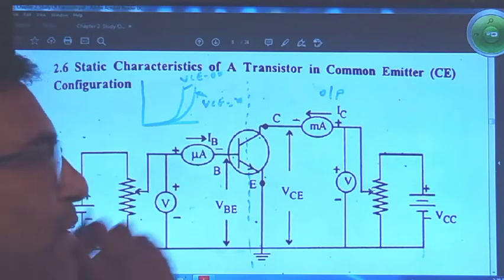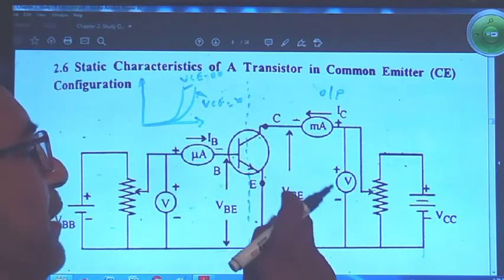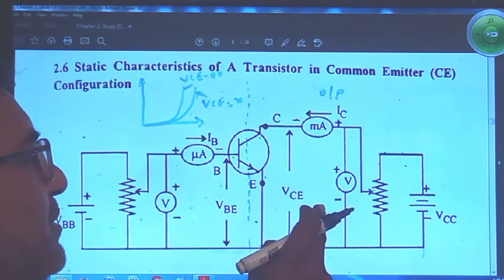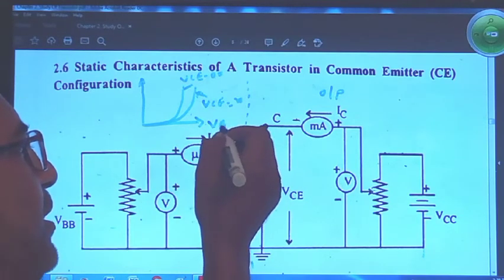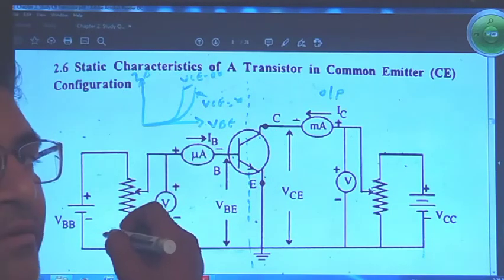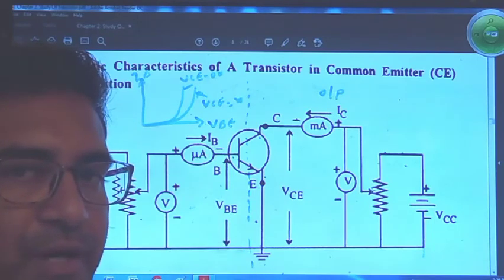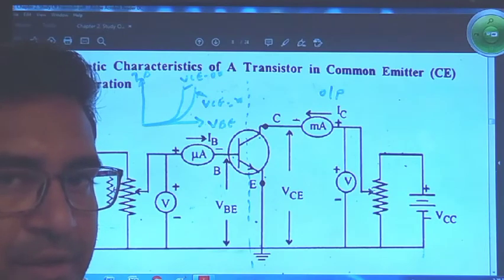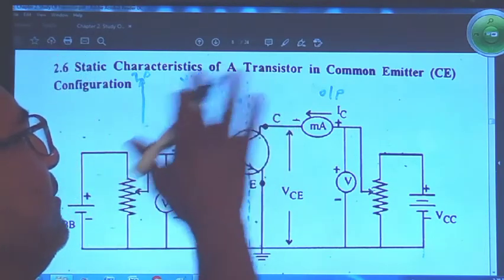We get the values across VBE and IB. This characteristic is the same as the forward characteristics which we learned in the first topic, that is semiconductors. Students, we will study this in detail.